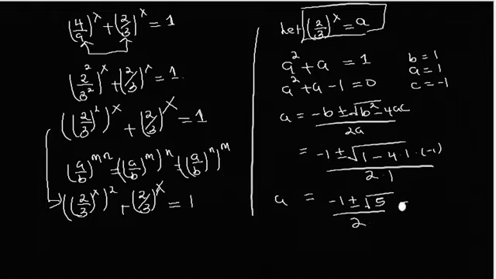But remember, we let a be equal to (2/3)^x. So we can say that (2/3)^x is now equal to (-1 ± √5) / 2.